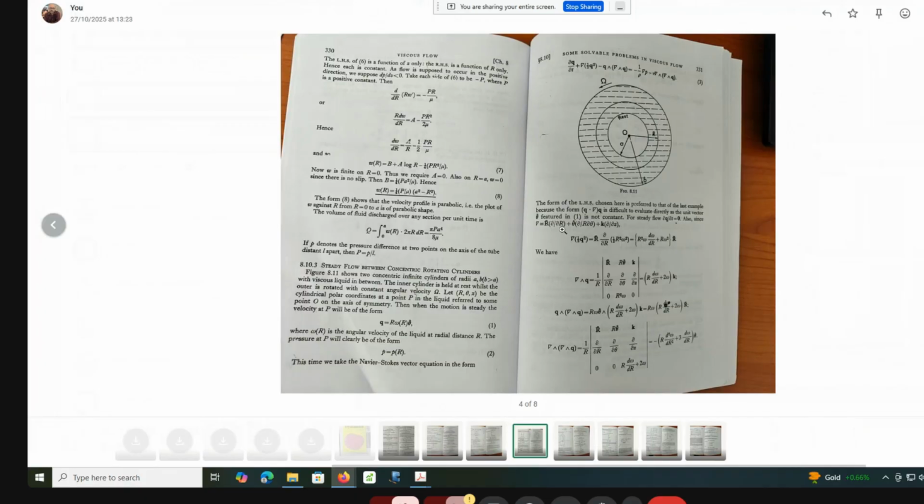It says that the form of LHS chosen here is preferred to that of the last example because of the form Q; here U dot grad U is difficult to evaluate directly as the unit vectors are not constant. It is depending on R and theta, so it changes. If you change theta, R may be changing with respect to theta.